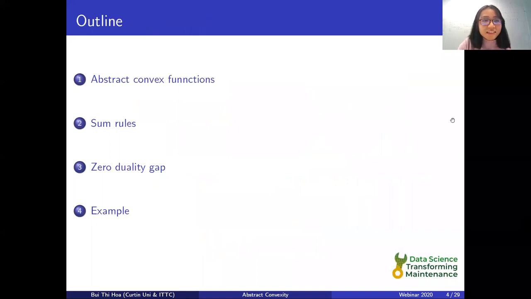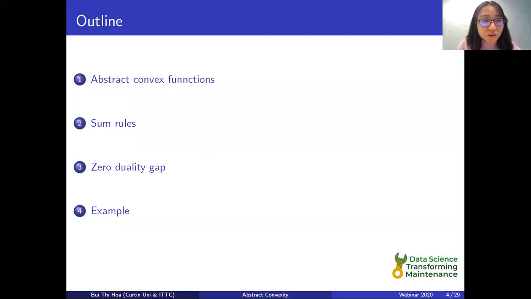The outline of the talk today is, first of all, I'm going to talk about abstract convex functions, definitions, and all the basic properties. In the next sections, I'm going to talk about some calculus rules, probably just sum rules. And the next one, using the sum rule, we derive the zero duality gap.